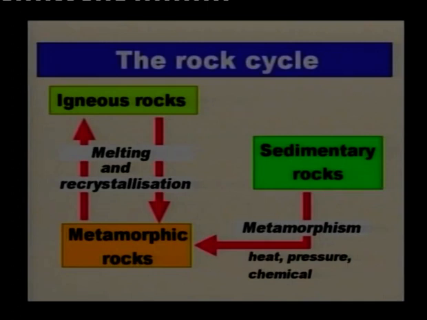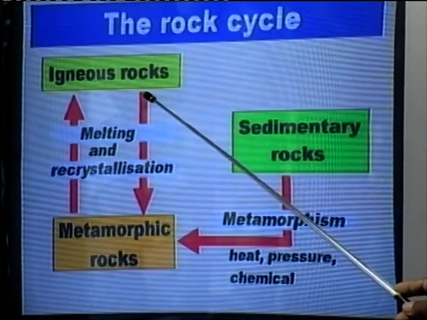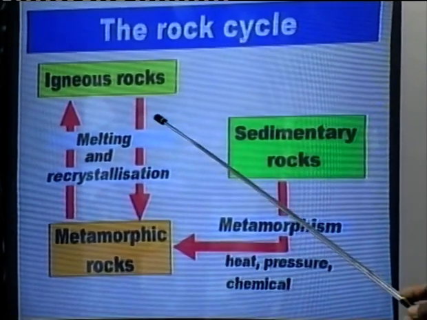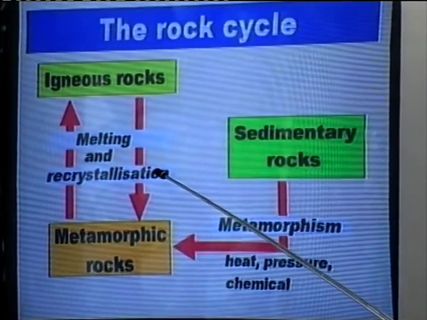We now have a flow chart, a flow diagram, to show that information, and some of the groups also had flow charts to explain the rock cycle. So we might start with the igneous rocks here. Note, for the igneous rocks to change to metamorphic rocks, they would have to be recrystallized.